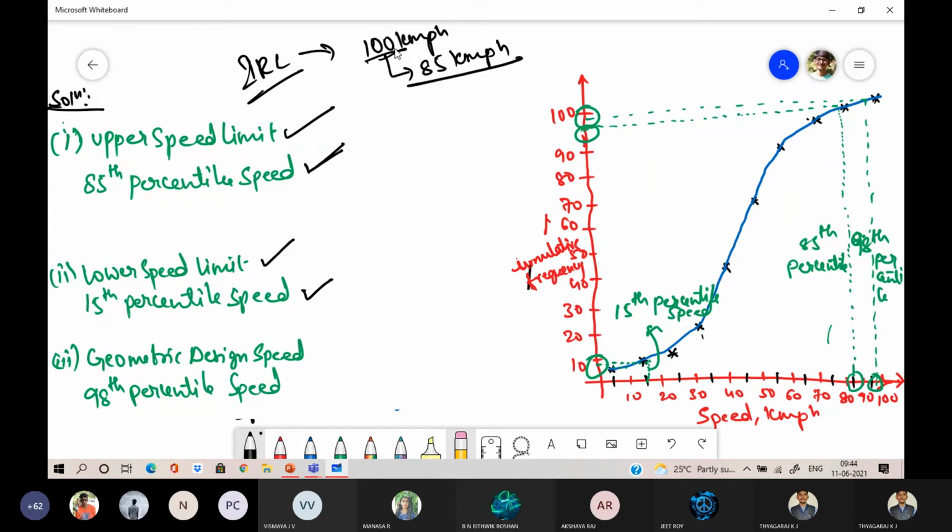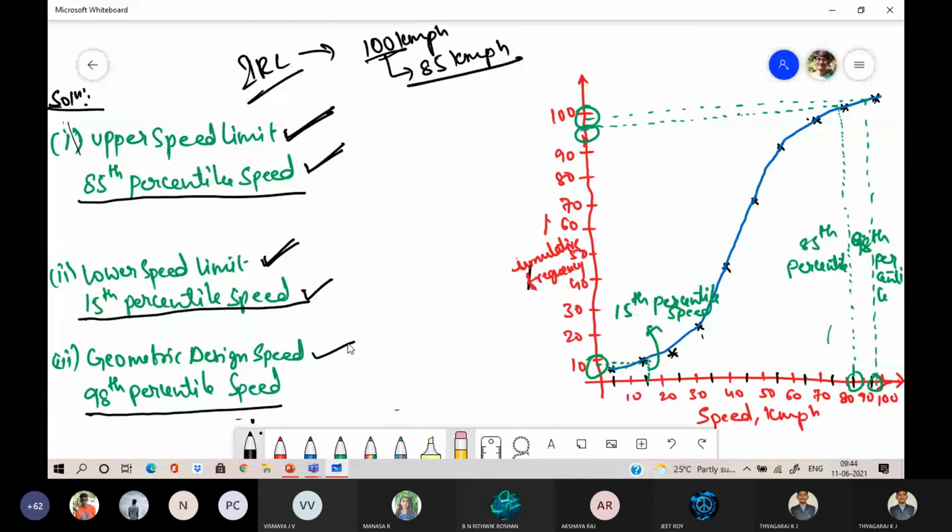Similarly, based on many studies, they came up with the 85th percentile speed as the upper speed limit, the 15th percentile speed as the lower speed limit, and the 98th percentile speed as the geometric design speed. Okay, is it clear?